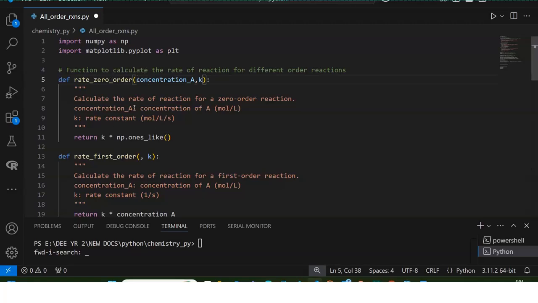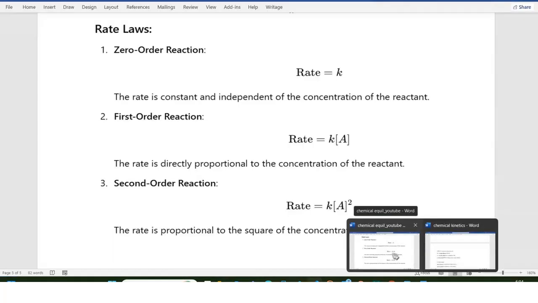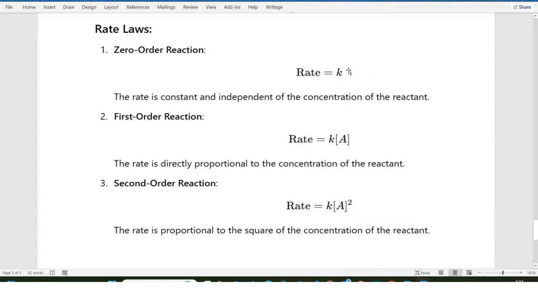Then this is just a description. What is this function going to return? It is going to return k, obviously, times... now for a zero order, there is nothing here.